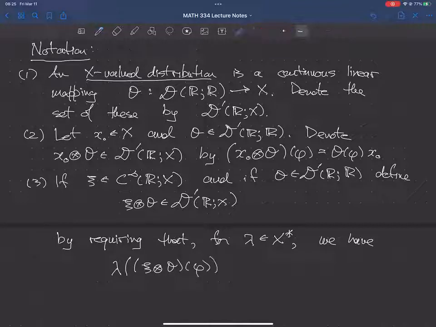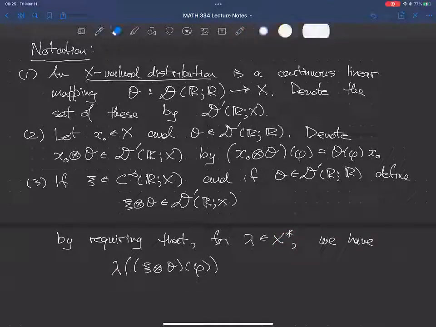Let's make sure we understand what's going on here. This is an X valued distribution. This is a test signal in D. So the resulting thing will be a vector in X. And lambda is a linear function on X, an element of the dual, and so that's what that is.